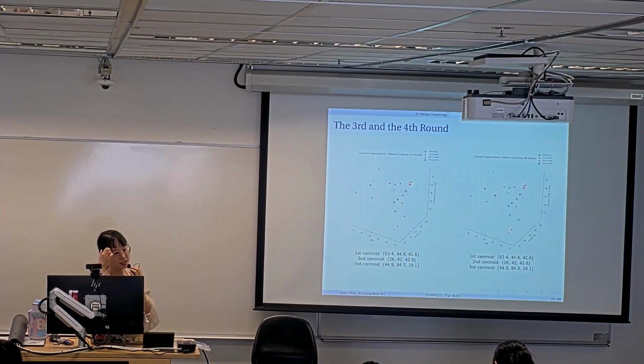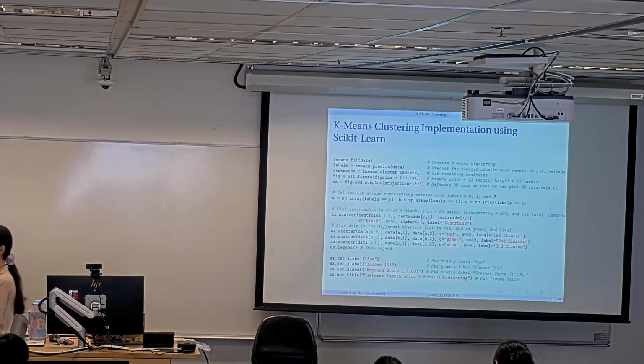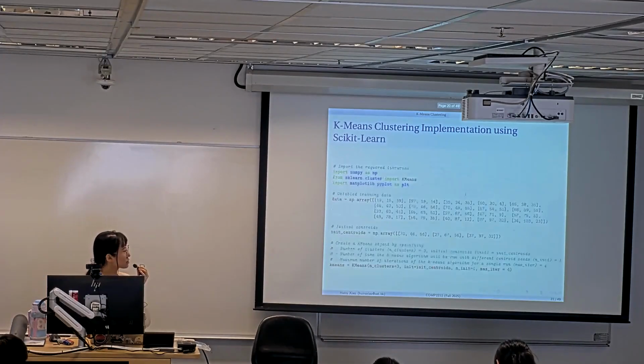Note that since we already indicated the initial centers, the predicted labels and centers must be the same as our manual calculation, because the initial centers are the same. We select the same set, so the results must also be the same.